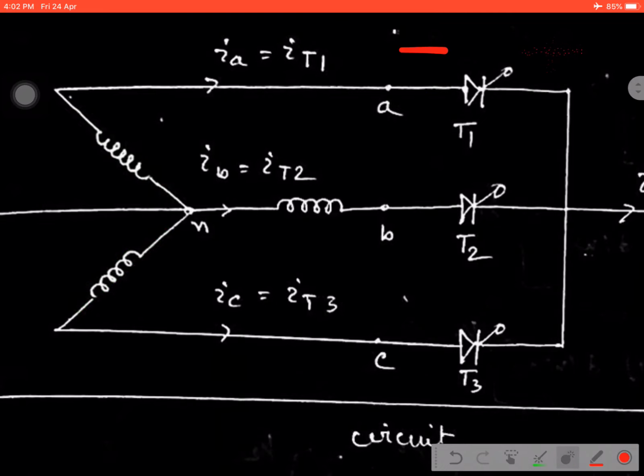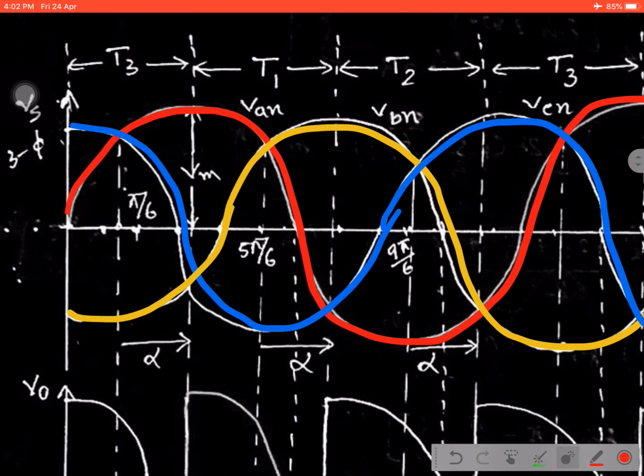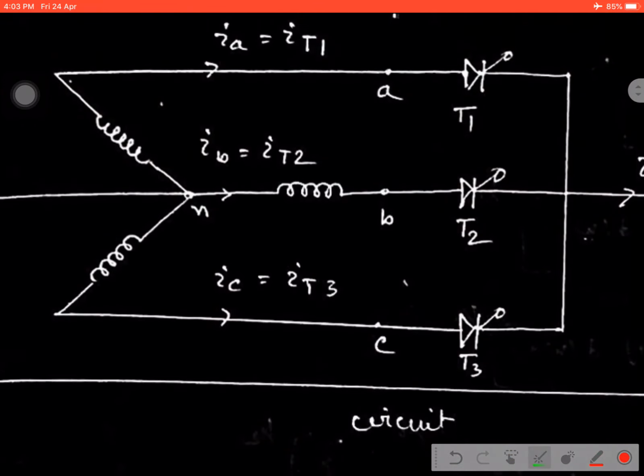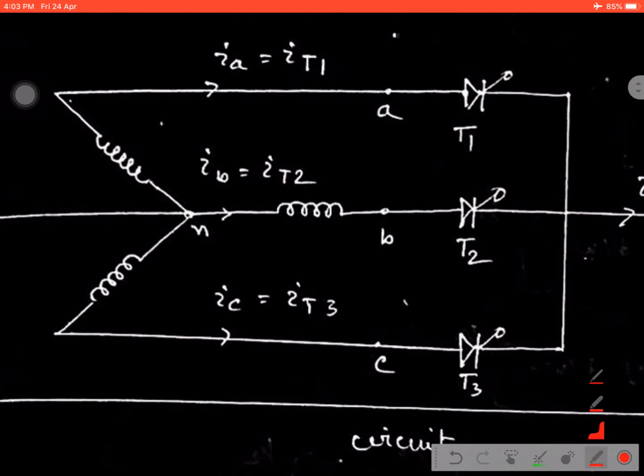Okay, but consider after pi by 6. At the point pi by 6, the supply voltage VAN gradually increases and VCN gradually decreases. Just after crossing pi by 6, the voltage VAN will be greater than the voltage VCN.